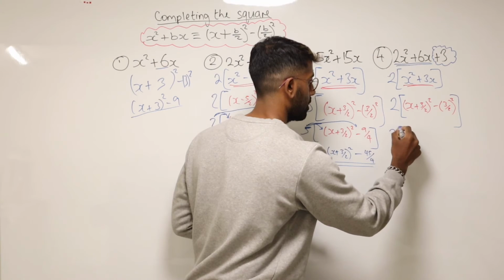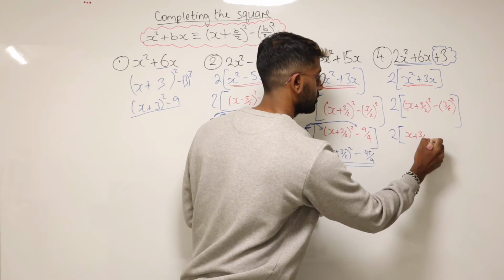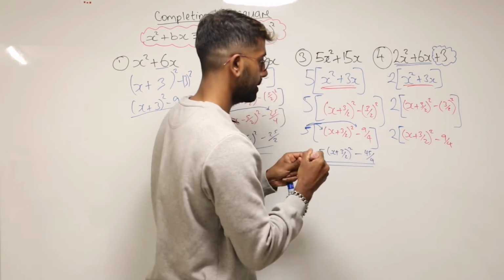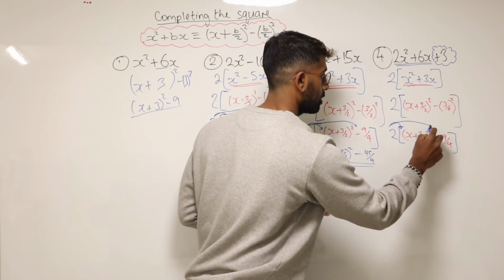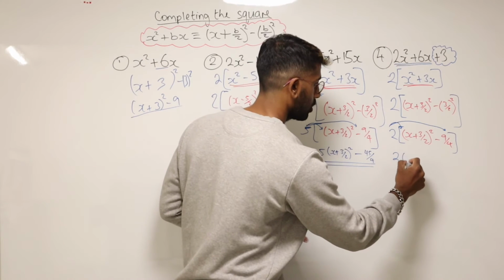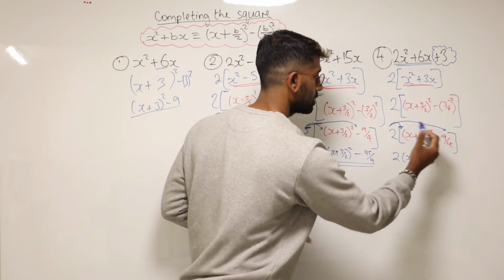And then neaten it up again. So we'll have x plus 3 over 2 all squared minus 9 over 4. And then final step is multiply through by this 2. So that's 2 lots of x plus 3 over 2 squared minus 2 times that, which would be 9 over 2.